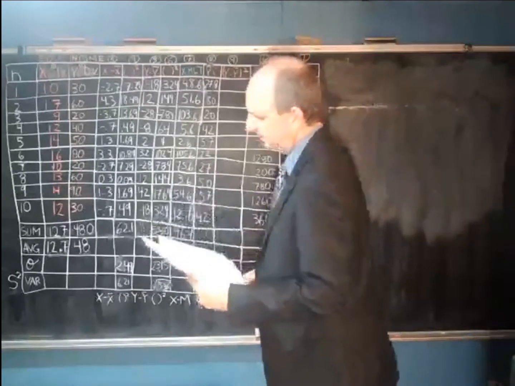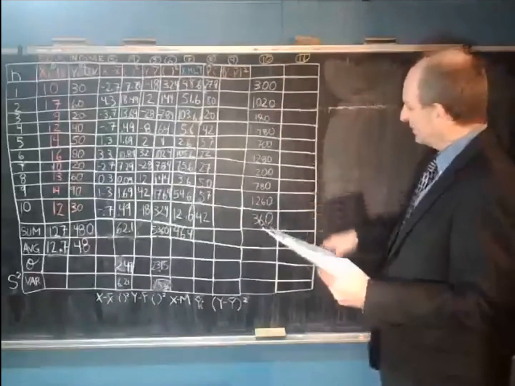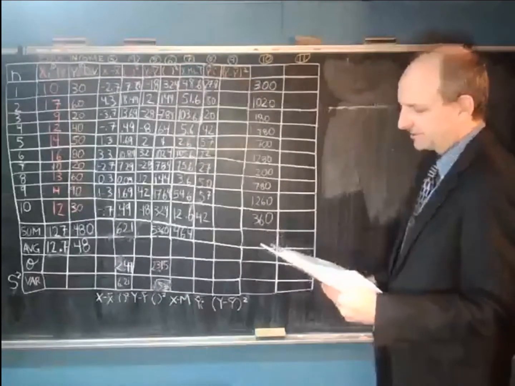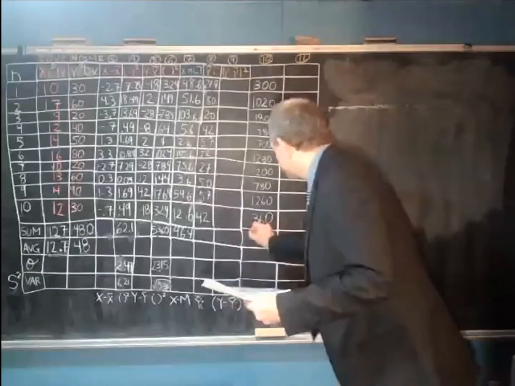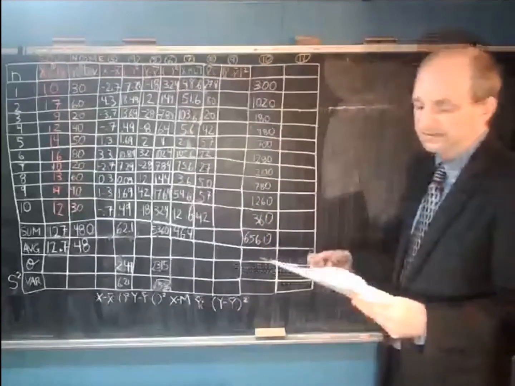And so we then sum up the values, and the value at the bottom is going to give us 6560 for the sum. 6560, and that's serial 26.